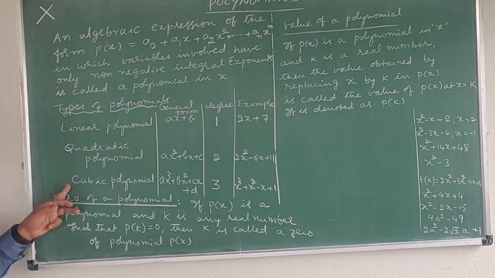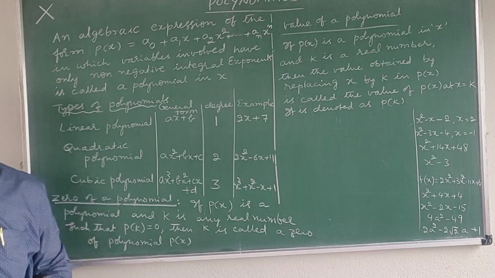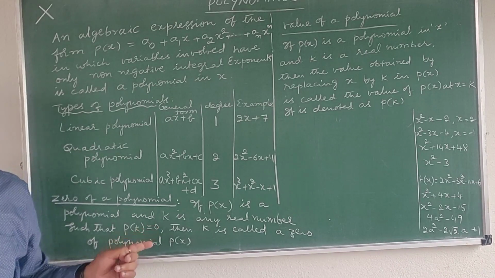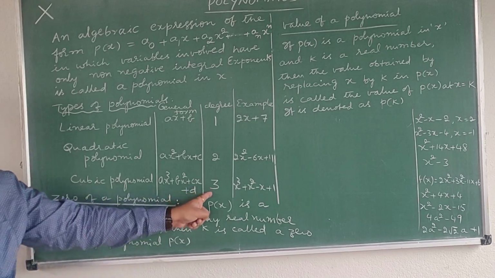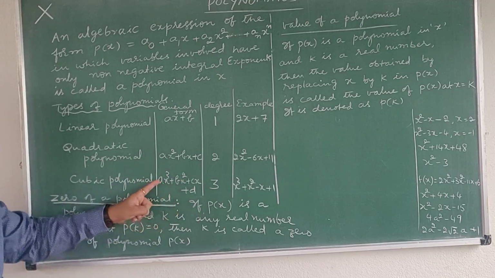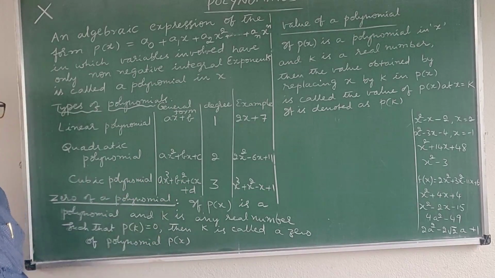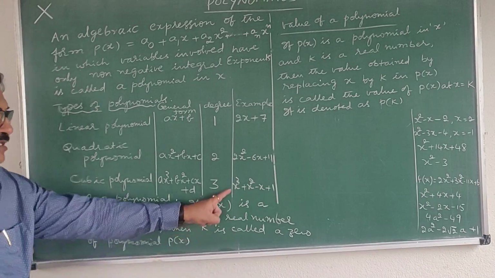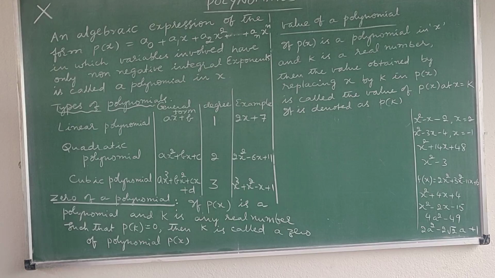Then the cubic polynomial. It is a polynomial in which the highest power of the variable is 3. So its degree is 3. The general form is ax cubed plus bx squared plus cx plus d. An example is x cubed plus x squared minus x plus 1.